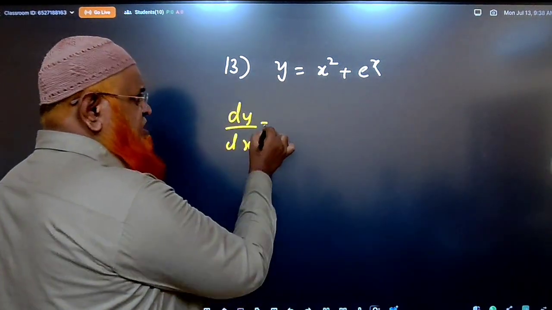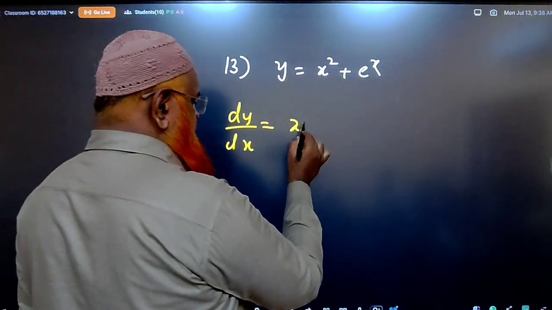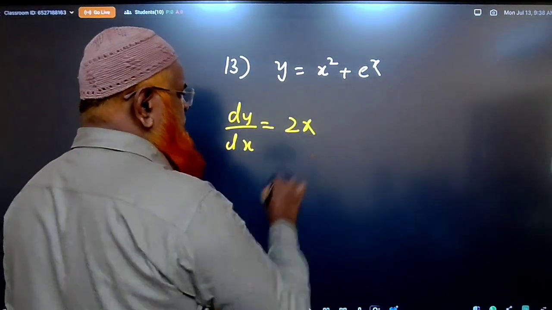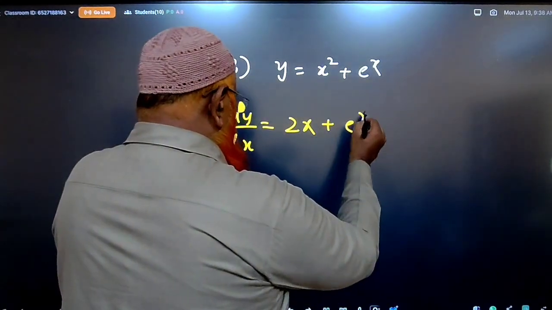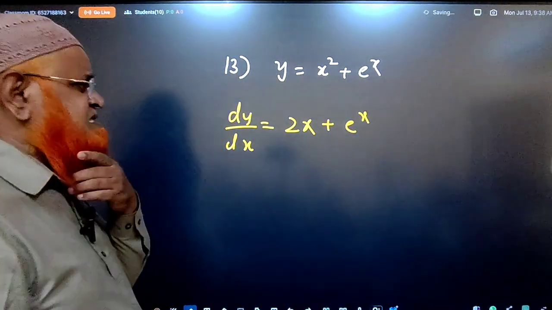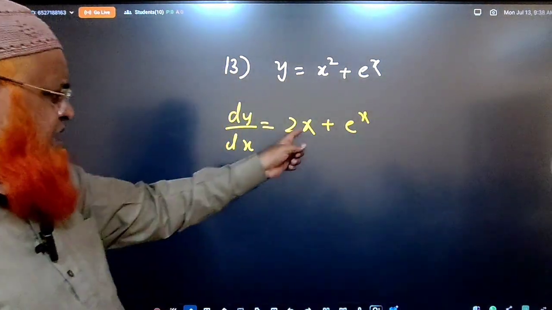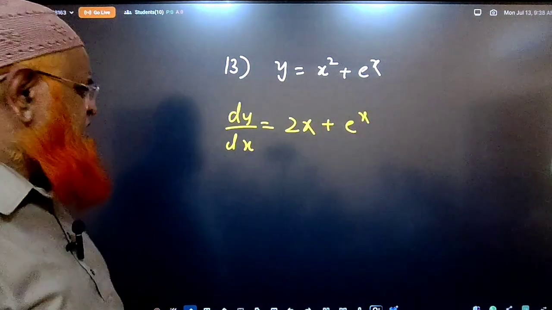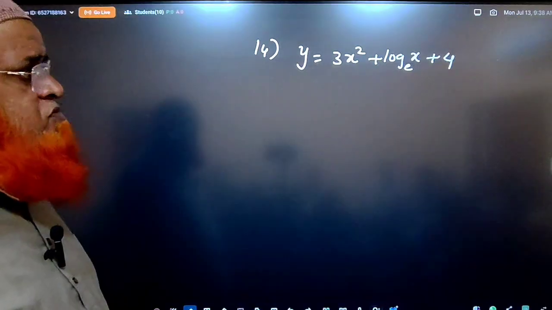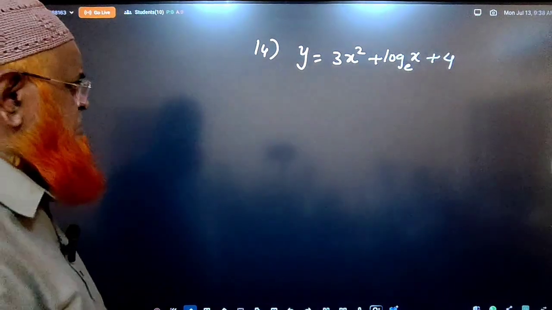Next, how will you solve this one? Differentiating with respect to x, dy by dx is nothing but 2 into x power of 2 minus 1, which is again 1, no need to write that one. So this is going to be e power x again. Again, x you have to do separately, dx by dx, anyhow it is going to be 1. Here also x you have to do separately, dx by dx is also going to be 1. So no need to write this one. Now this one here, see.